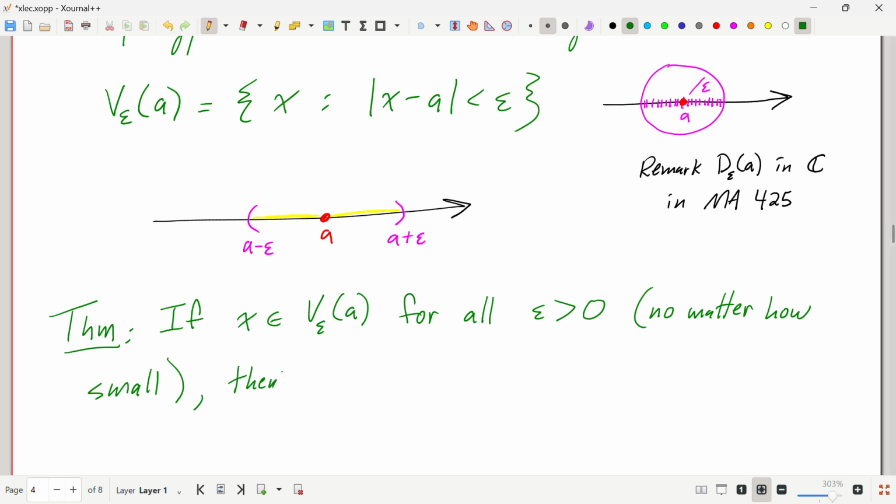Well, think about that. If I shrink that interval down, if X is in the yellow stuff there, and I start shrinking those edges down, I could squeeze X out, and X wouldn't be in. I could find an epsilon that's small enough, and I could squeeze X out. And so the only way this could be true for all epsilon is if X is equal to A.